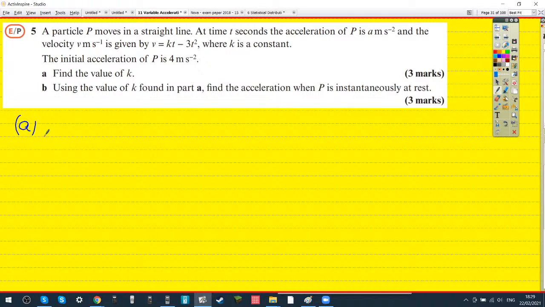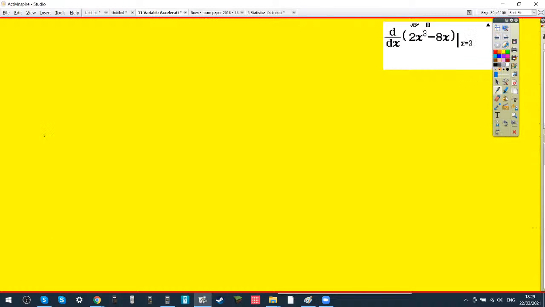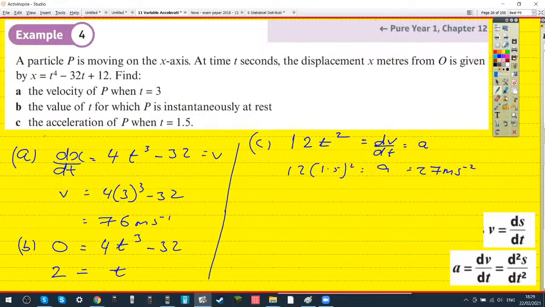So I think I need to do double differentiation, then equals to 4. That would be if it was S equals. This is V equals.